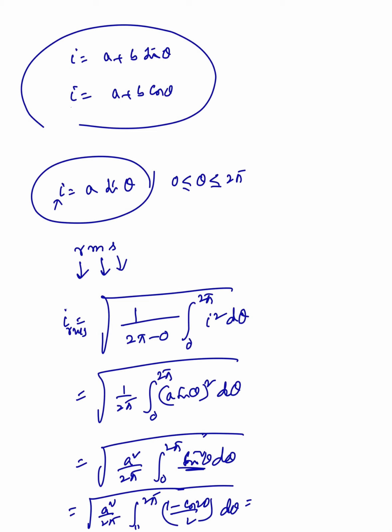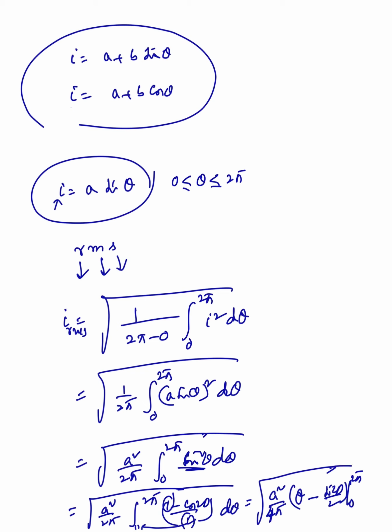So if you integrate, you will get a square by 4 pi, taking the half out, and for 1 the integration is with respect to d theta, so theta minus sin 2 theta by 2, from 0 to 2 pi.